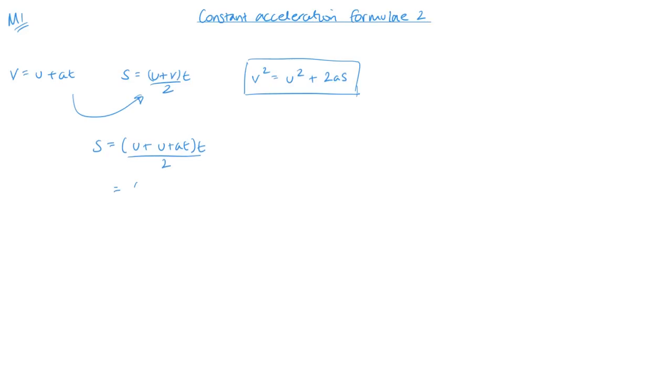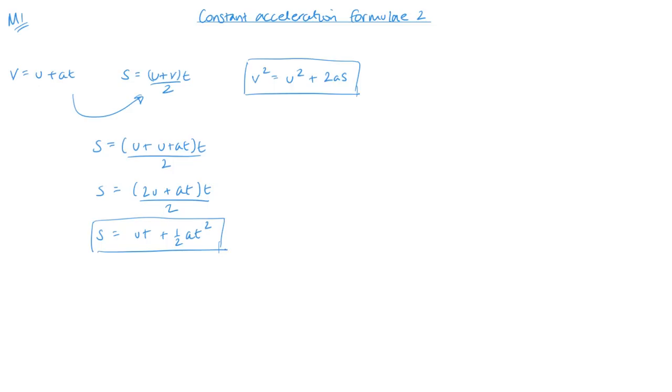So that is (2U plus AT) times T over 2. And then expanding the bracket and dividing by 2 will give me UT plus a half AT squared. And that is my next formula.